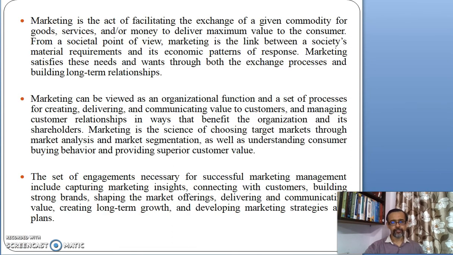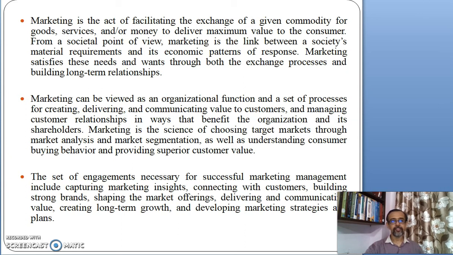Just a brief introduction about this marketing subject. Marketing is the act of facilitating the exchange of a given commodity for goods, services, or money to deliver maximum value to the customer. From a societal point of view, marketing is the link between a society's material requirements and its economic patterns of response.